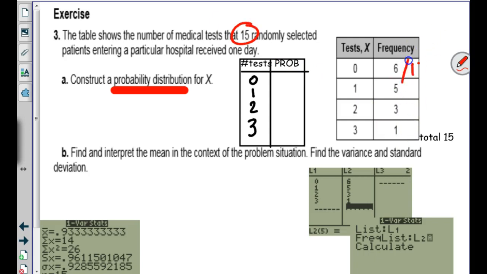Yeah, probability, 6 out of 15 people said this, so that probability is, let's see, what is it? 5 out of 15 people, 0.3 repeating, right? 3 out of 15 people would be 0.2. And 1 out of 15 people, I don't know.